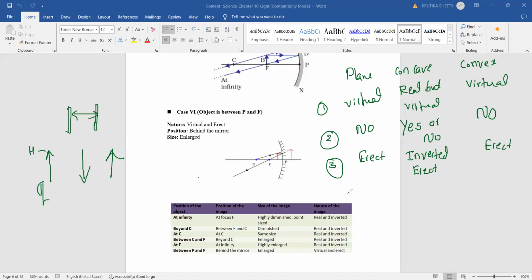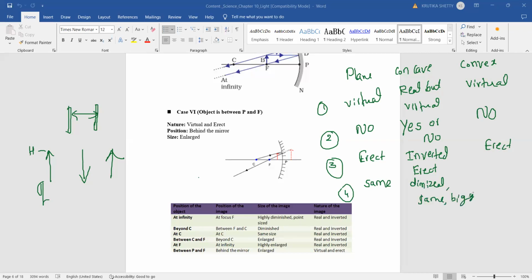Then the fourth point, what they're explaining is the size of the image. If you take a plane mirror, it is the same size, whatever the size of the person standing in front of the mirror. In the case of the concave mirror, you will observe all the cases. You may see a smaller version, the same size, or a bigger size.